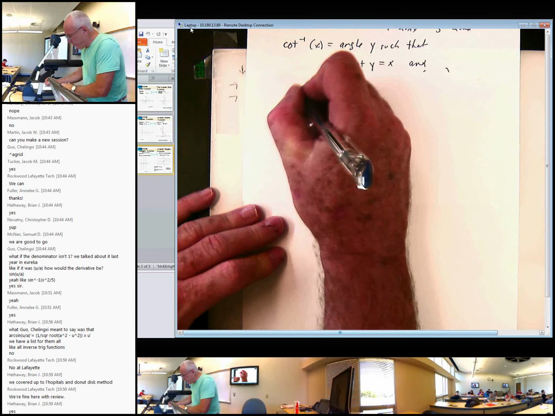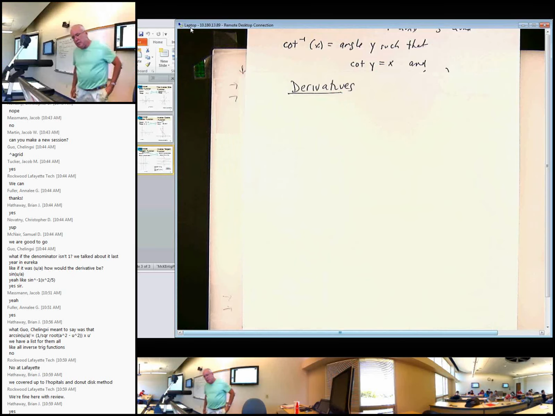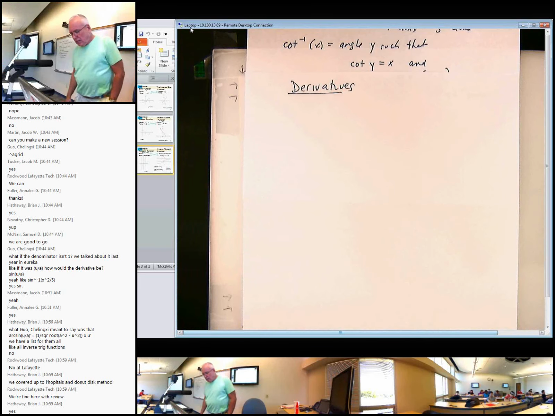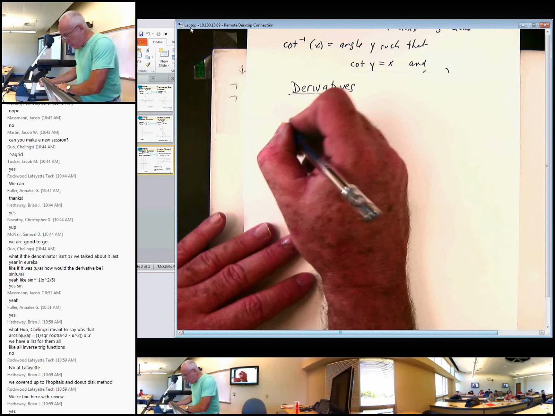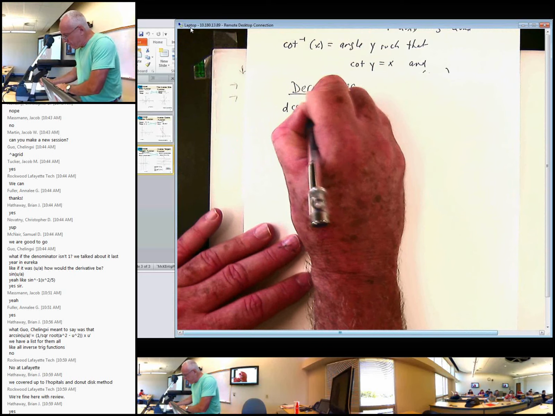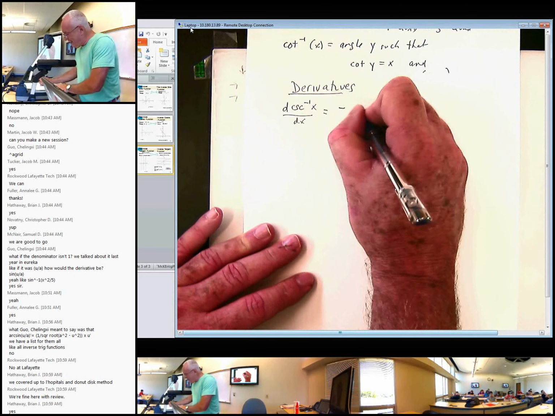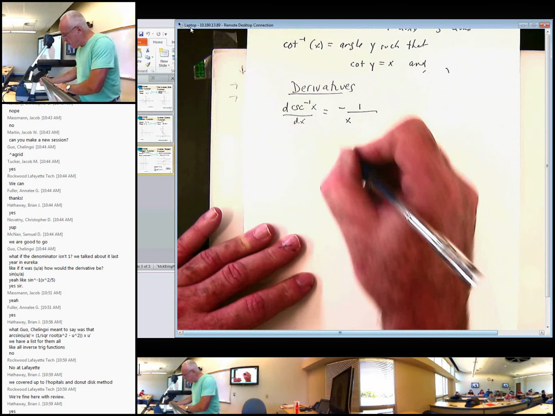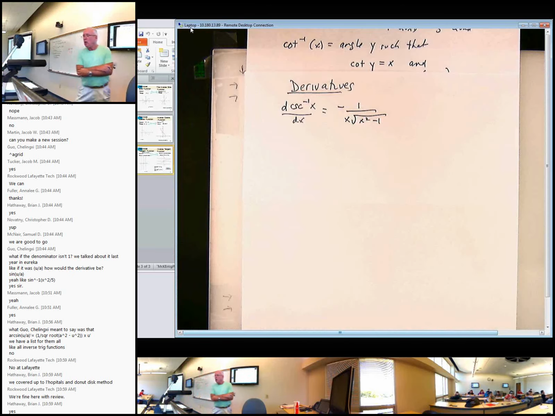Derivatives. There are differences, obviously, with all of them. The derivative of the cosecant inverse is equal to minus 1 over x. There's an x in front, and here it's the square root of x squared minus 1.